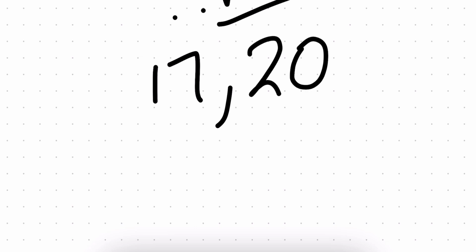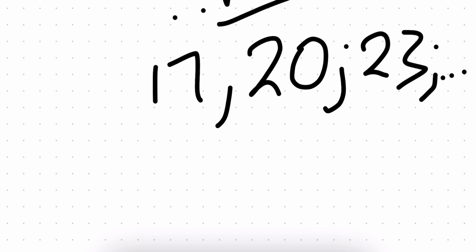If you say 2k minus 7, then k is 12, then it'll become 17. And then the second term will become 20. And then the third term will become 23.